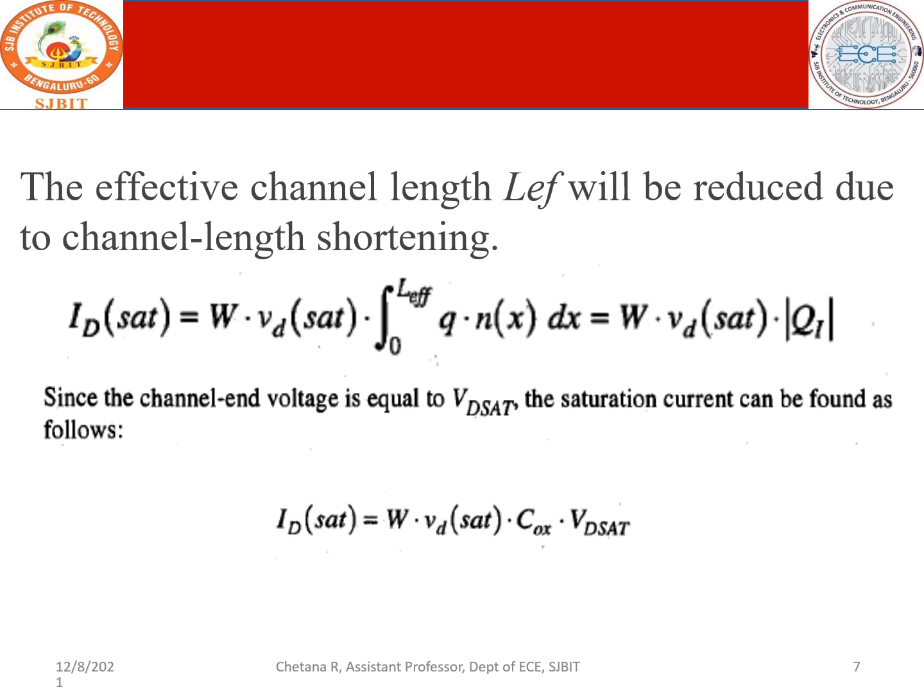The channel effective length would be reduced due to the shortening of the channel, and therefore the current flow also varies, and the current flow is given in this kind of an expression, which is with respect to the saturation current. So if you simplify and remove the integrals, finally you will be left with this expression. So the current expression also changes when you are considering the short channel effect.